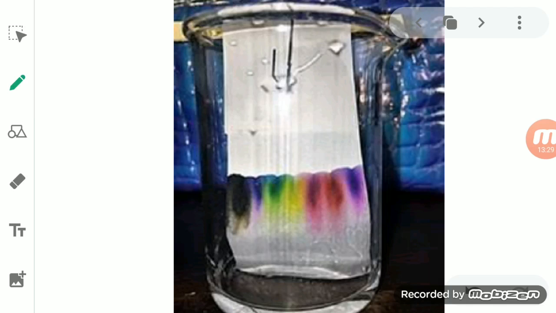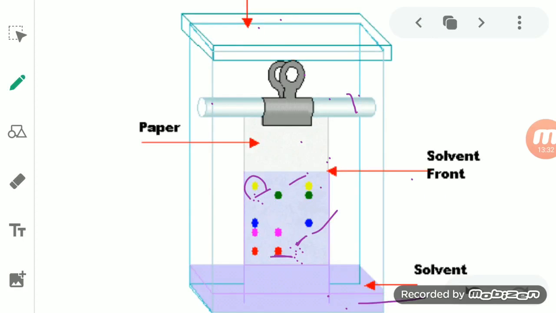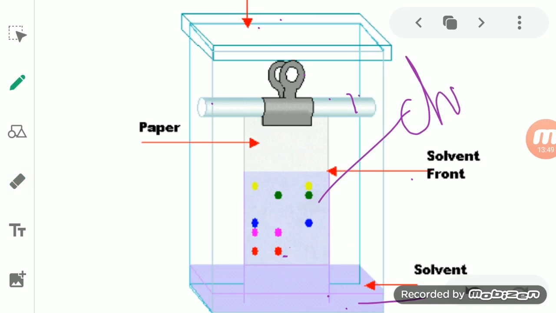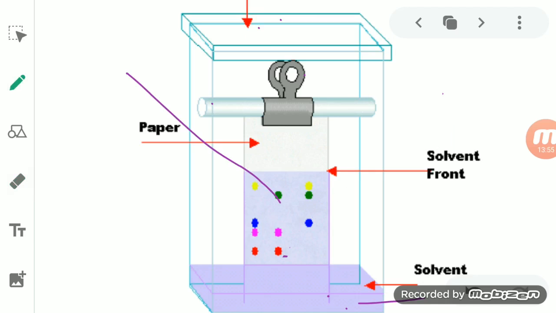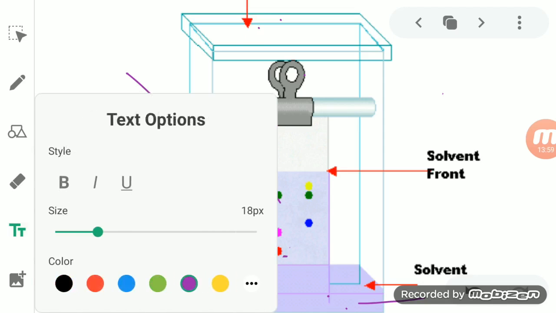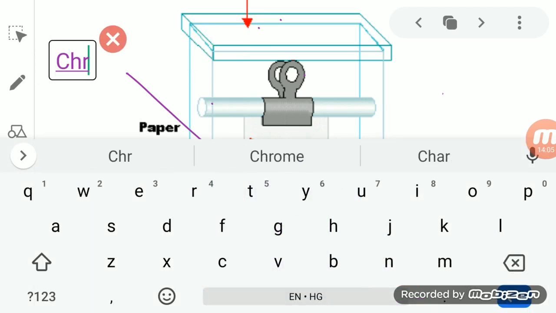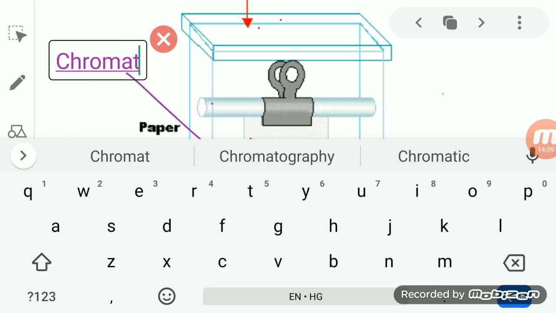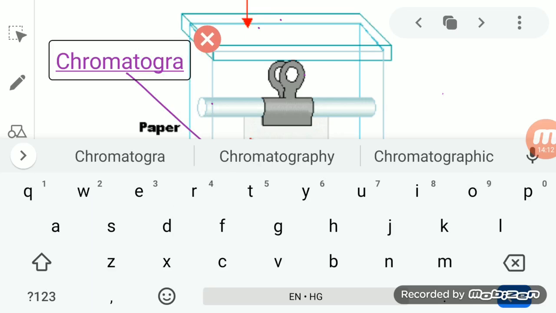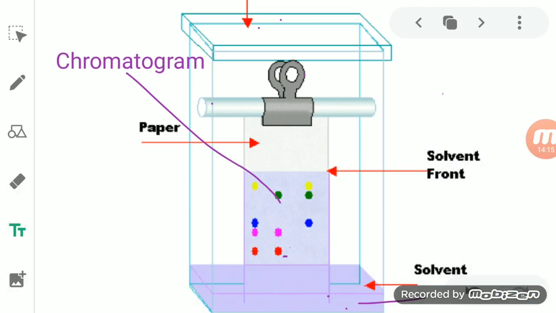After that, as it gets dried, we take out this paper and let it dry, and this paper now has the different color components present in it. So this paper is known as a chromatogram.